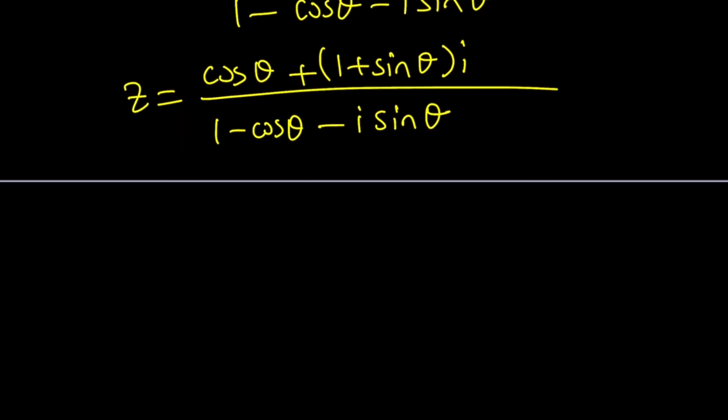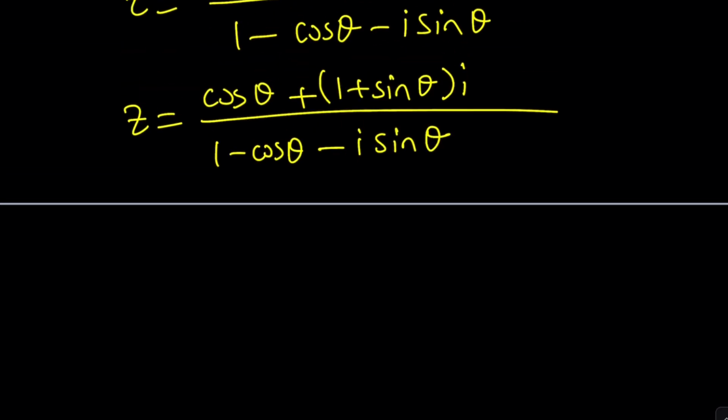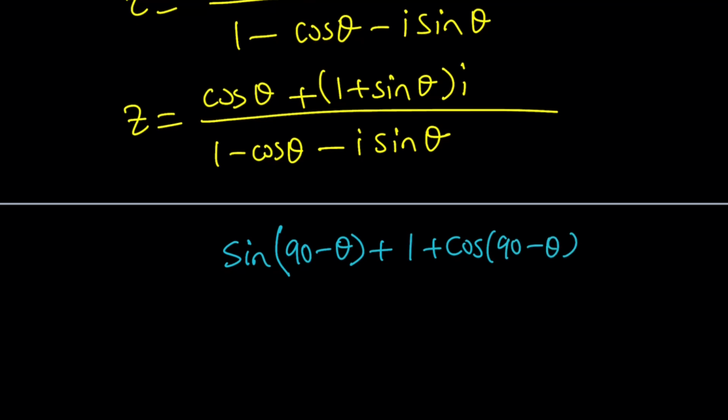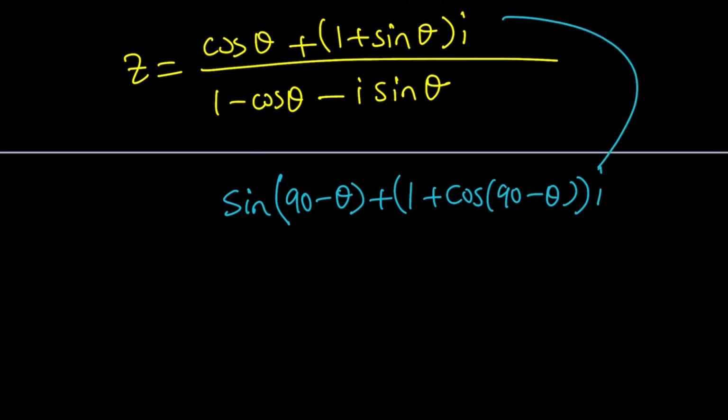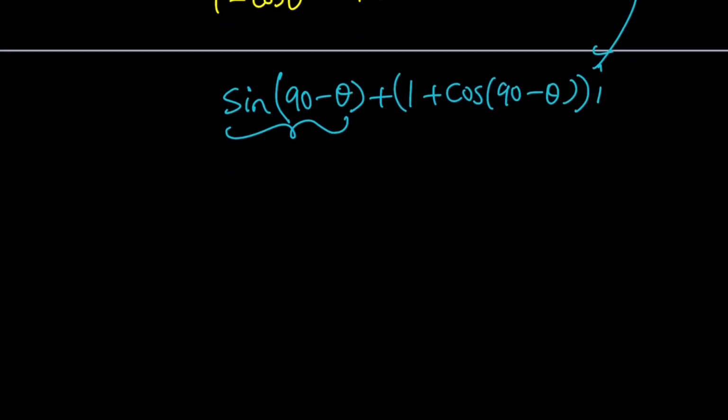Let me just quickly show you, because if you replace θ with π/2 - θ or 90 - θ, you're going to get the following: sin(90 - θ). I'm going to use degrees since it's a little easier, and it's going to be 1 + cos(90 - θ). Now, why did I change those? Because now I can basically replace this one with the double angle formula.